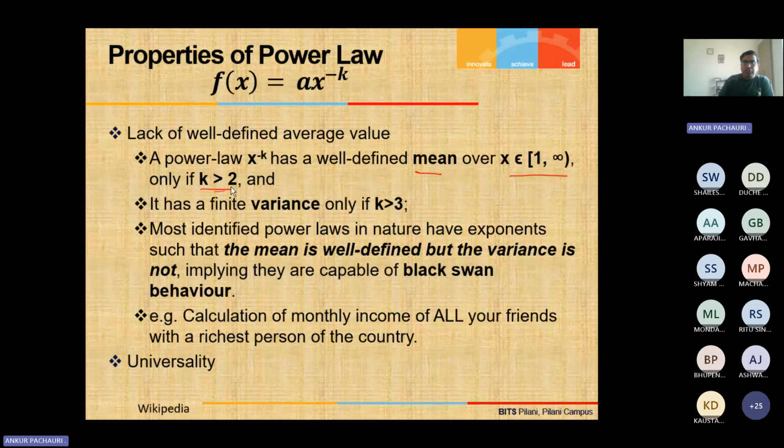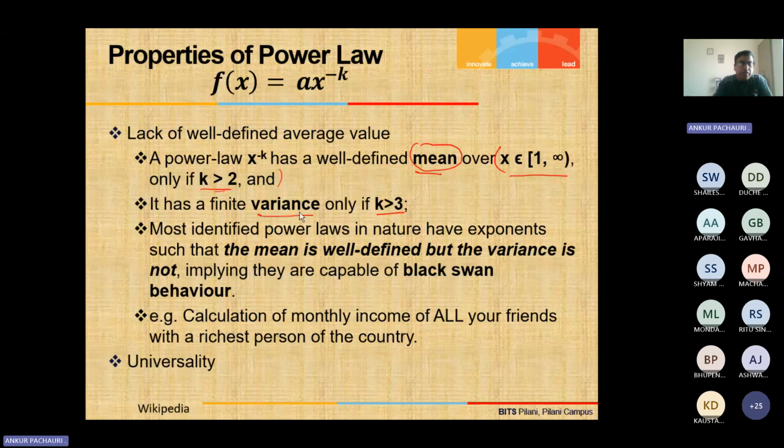If this condition holds for the range of variables, then my power law will have a definite mean. Mean means the balancing point. But if k is greater than 3 and x is from 1 to infinity, then that power law will also have a finite variance.